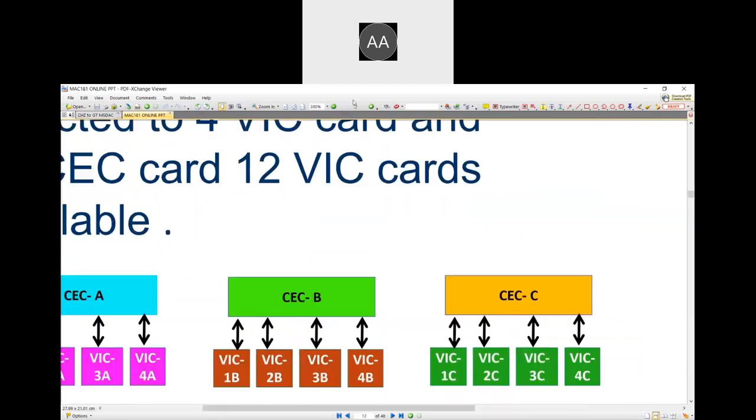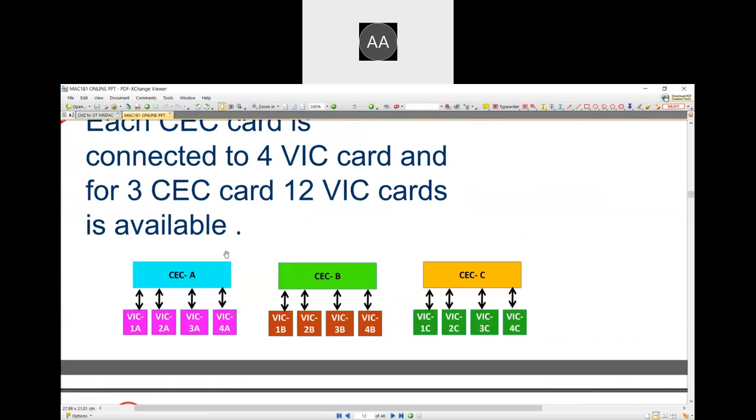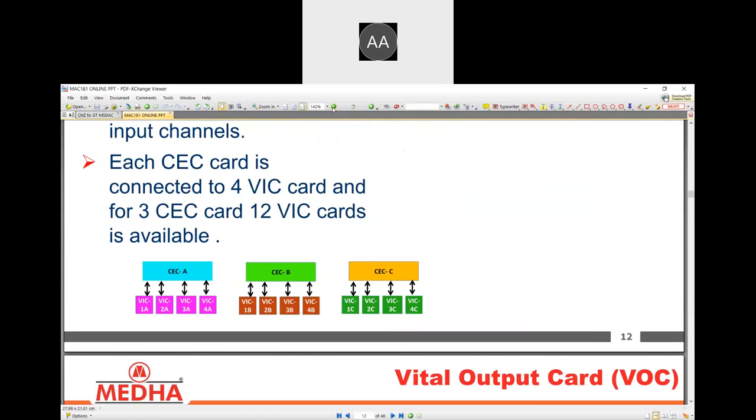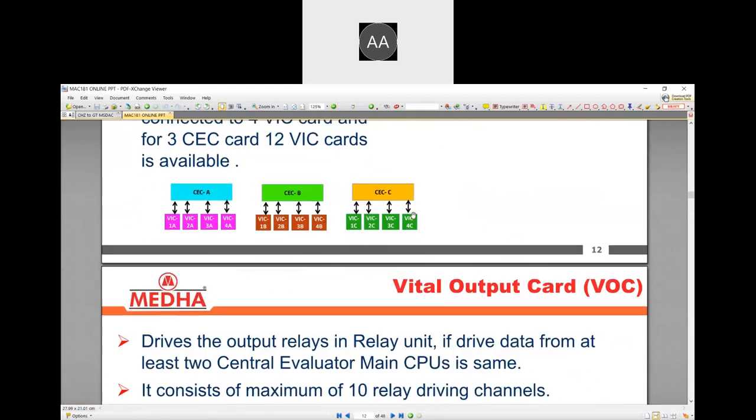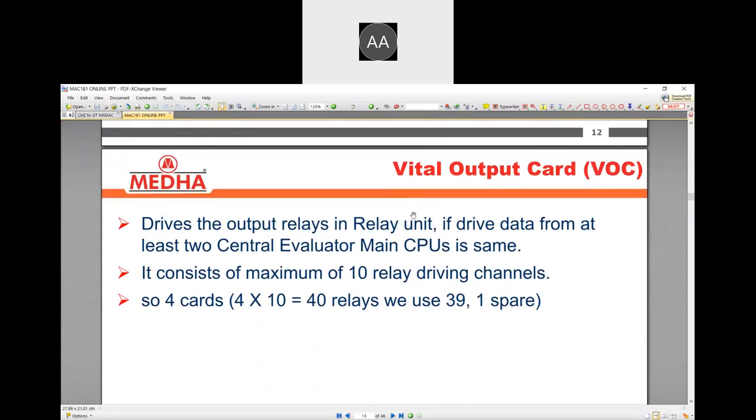We will be provided with 3 processors, that is CEC-A, CEC-B, and CEC-C, and each processor will be getting information from 4 vital input cards. Likewise, in total, 12 vital input cards will be required by the system. Next, discussing the vital output card.